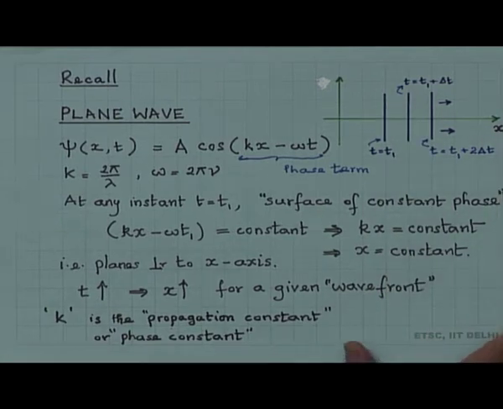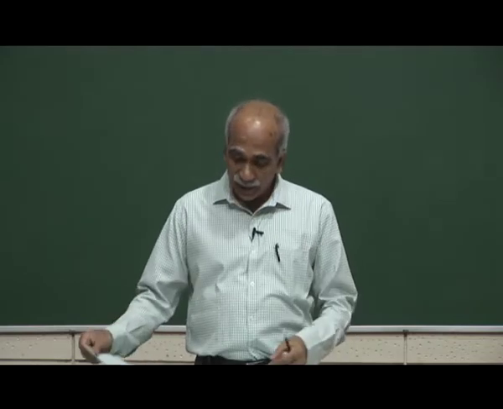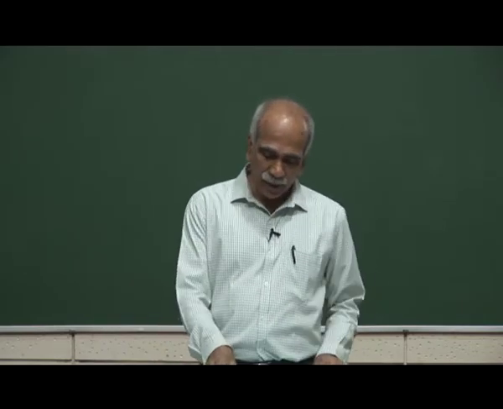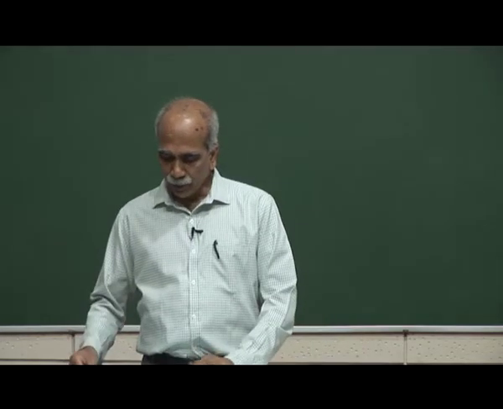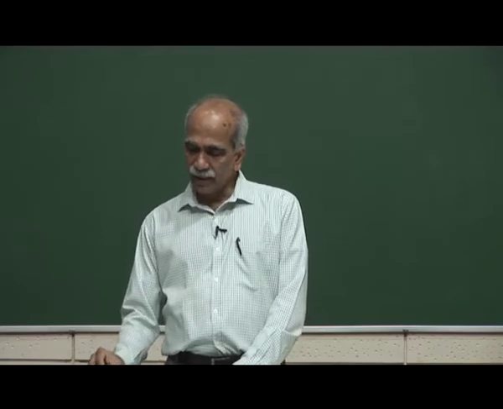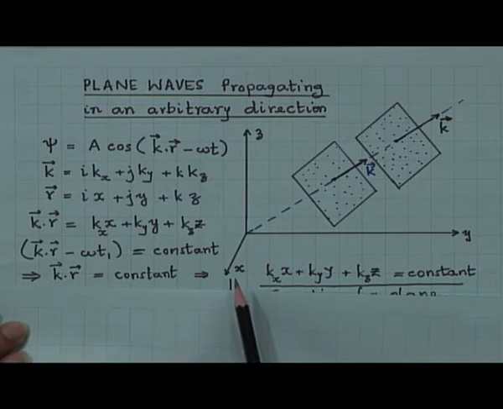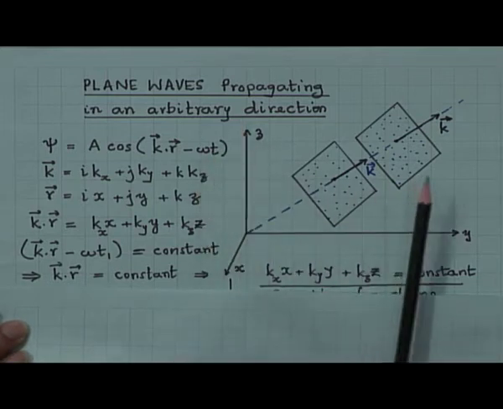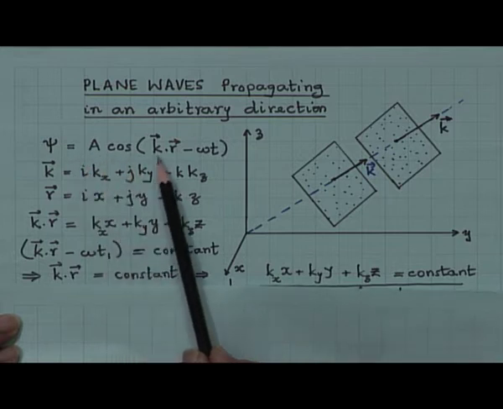What about waves propagating in an arbitrary direction k? So, here I have put waves propagating in an arbitrary direction k. The x y z axes are shown. Such plane waves can be represented by psi is equal to a cos of k dot r minus omega t.